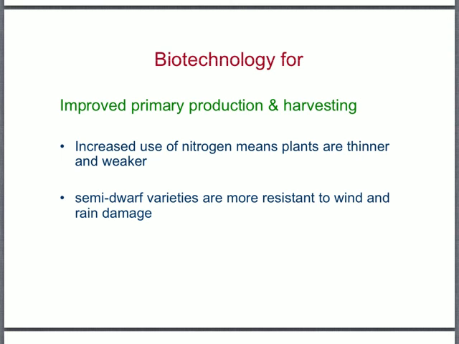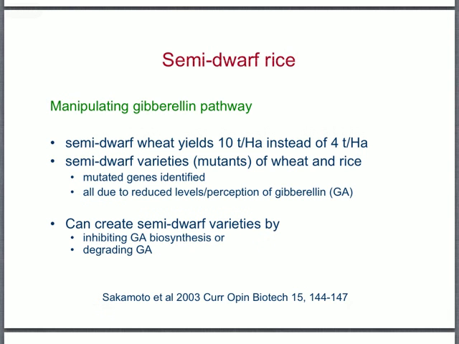Farmers are using or developing semi-dwarf varieties of many cereal crops because they're more resistant to wind and rain damage. So how do we know that this is actually a real issue?